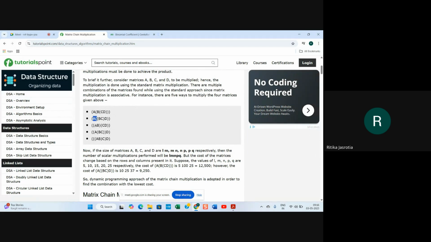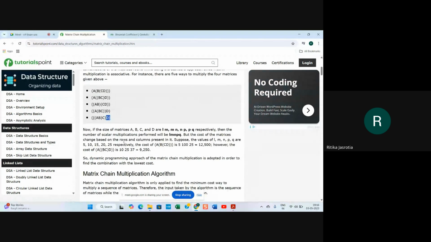Or you can multiply A and B first, then multiply C and D, and then both results are multiplied. Or again, here B and C are multiplied, then into A they are multiplying, and then they are multiplying D, right?